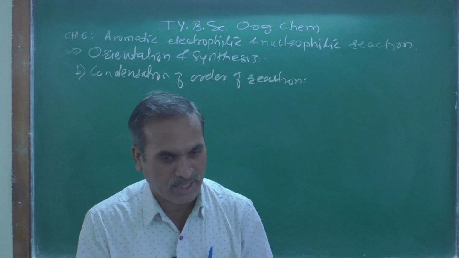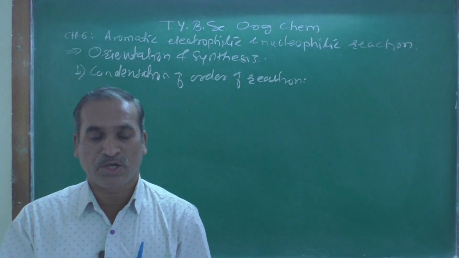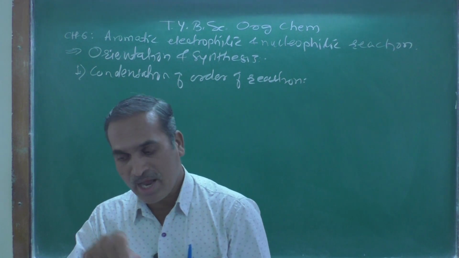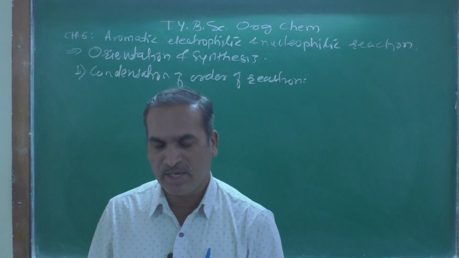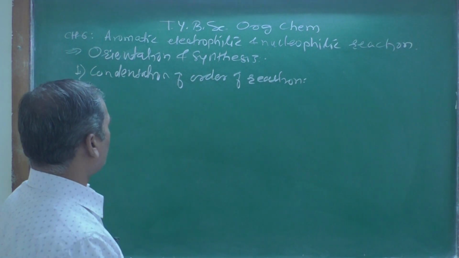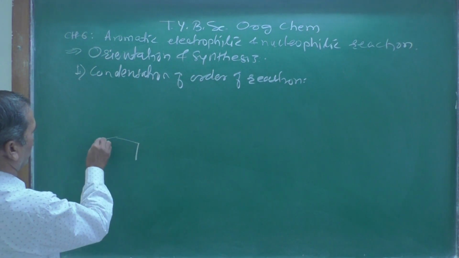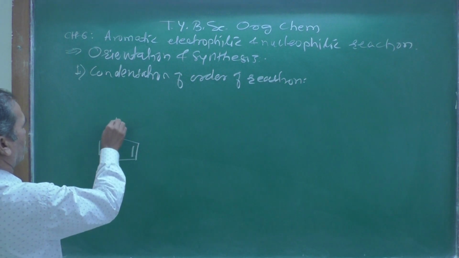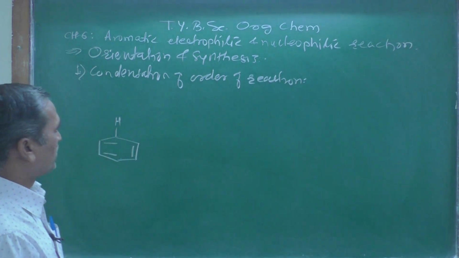Depending upon that you can synthesize or prepare the desired product. Let us see one example. Suppose your starting compound is benzene, as we know this is the structure of benzene; it is your starting material.